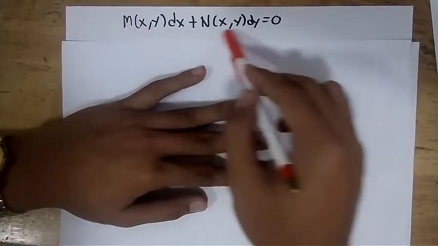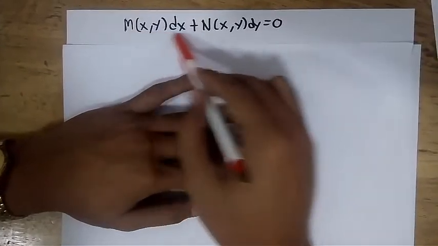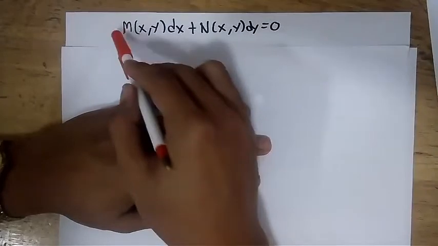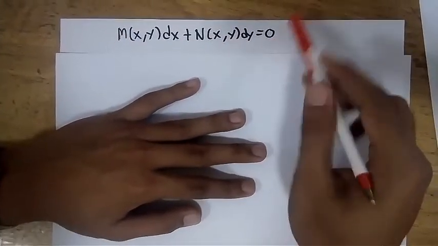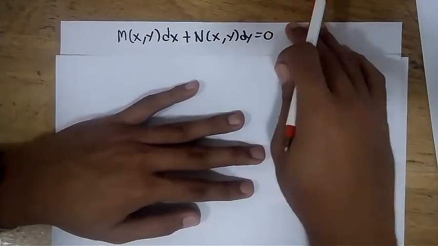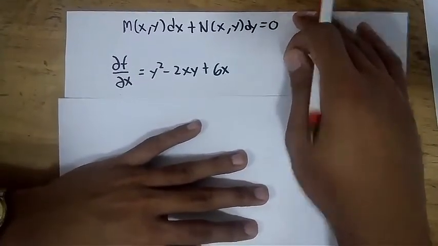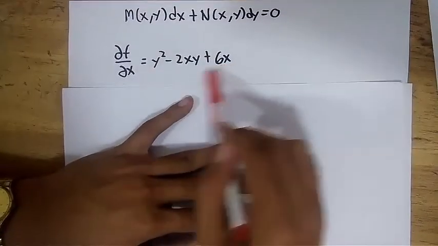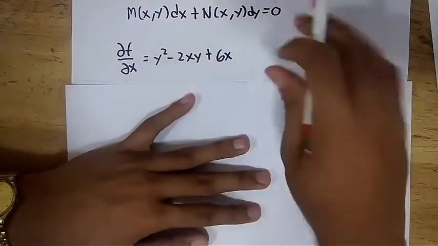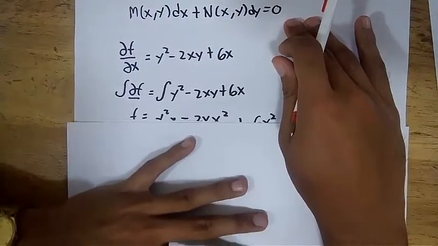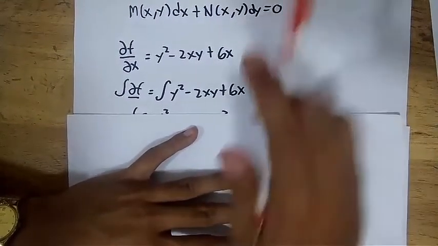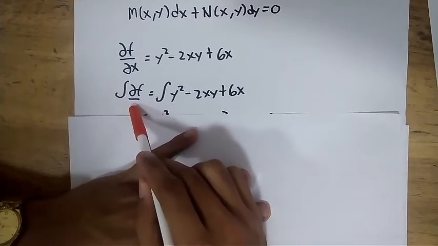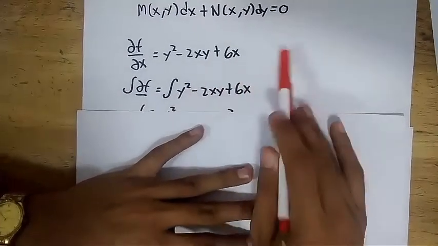Let's proceed to solving the exact differential equation using M(x,y) dx plus N(x,y) dy equals 0. So we will use the partial derivative of f. We will use the value of M as the partial derivative of f: y squared minus 2xy plus 6x. Now we will find the integral of the given.